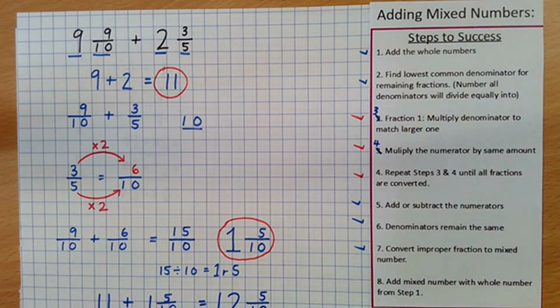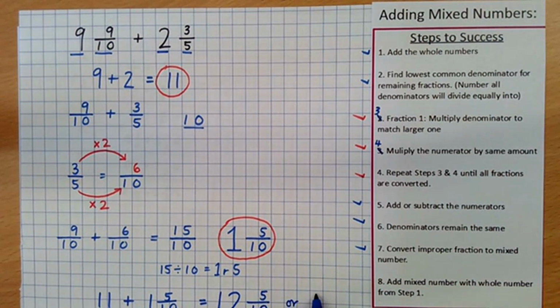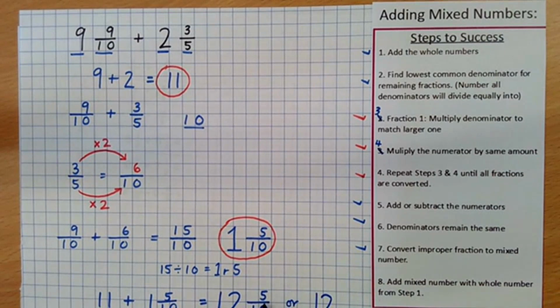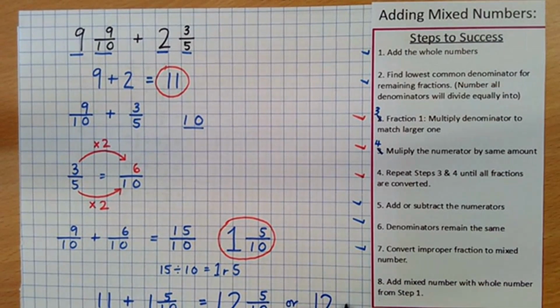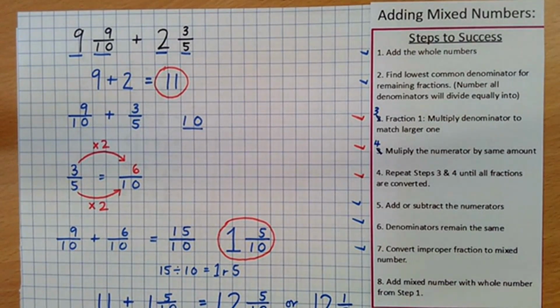Is there another way that I can write this? Yeah, good. I can simplify 5/10 to 1/2. 5 divided by 5 is 1, 10 divided by 5 is 2.